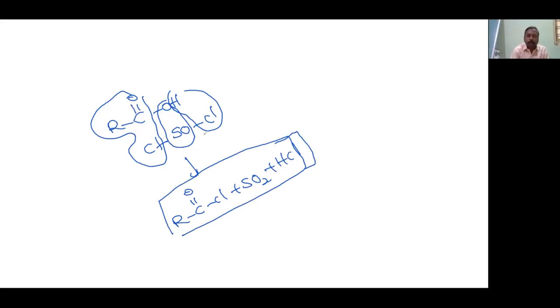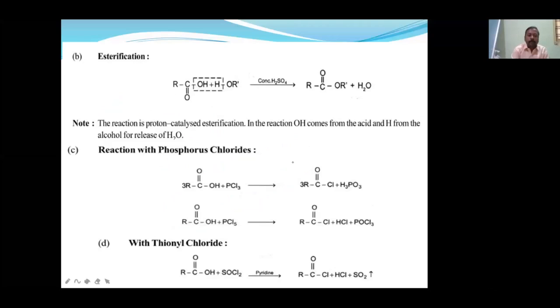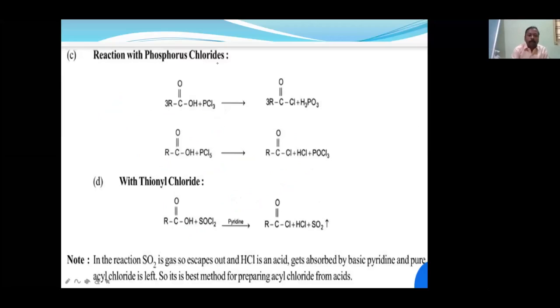Next reaction. The SOCl2 process is very, very important. Why is it important? Because of some uniqueness you find. The reactions I have already explained with tips and tricks; now we are going to see the importance. In the reaction of SOCl2, all are gases.